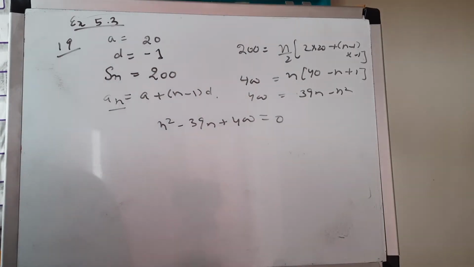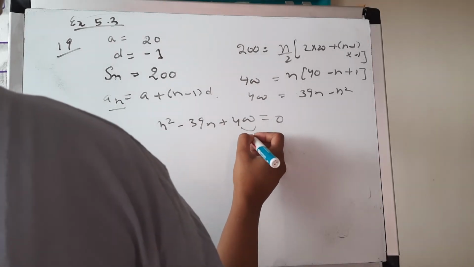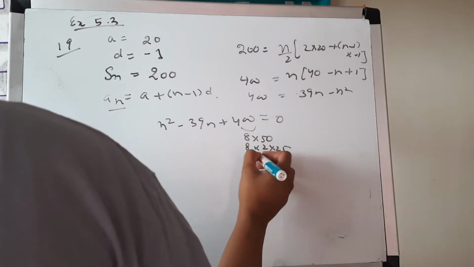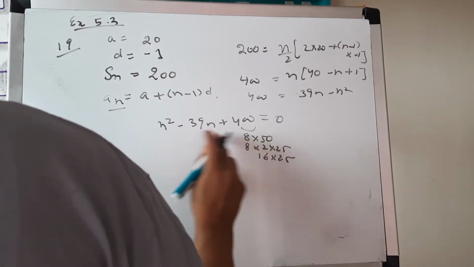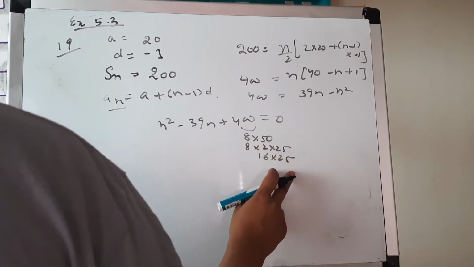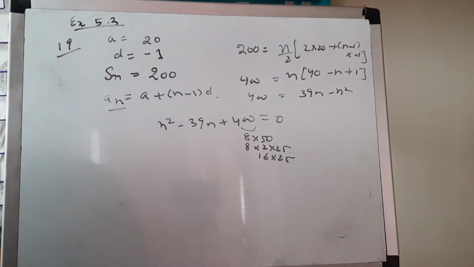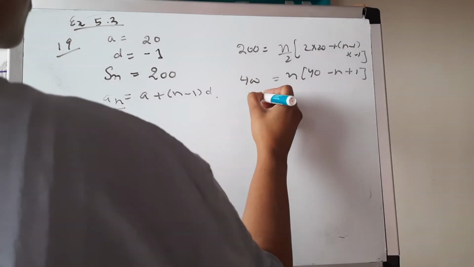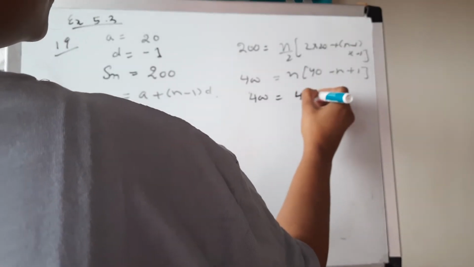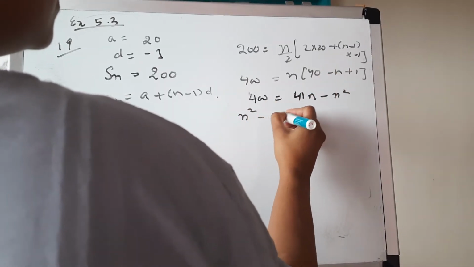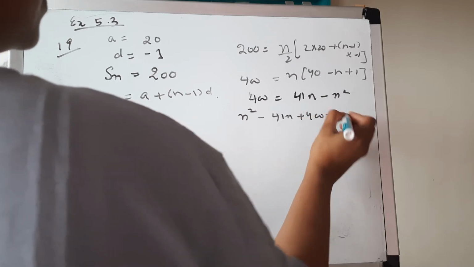Okay, what is this number? 8 into 50, 8 into 2 into 25, 16 into 25. So this will be solved to give the values.